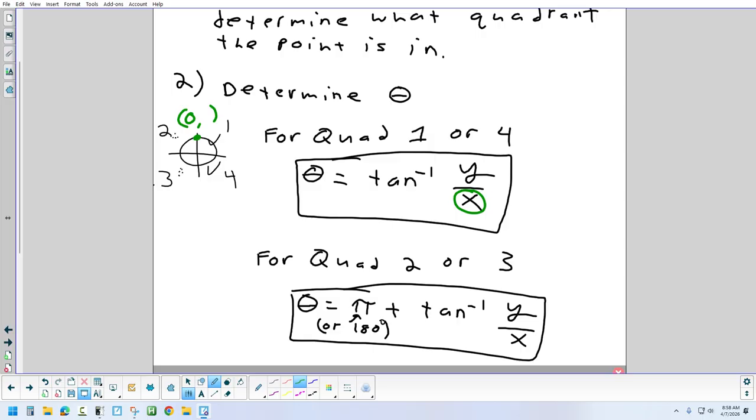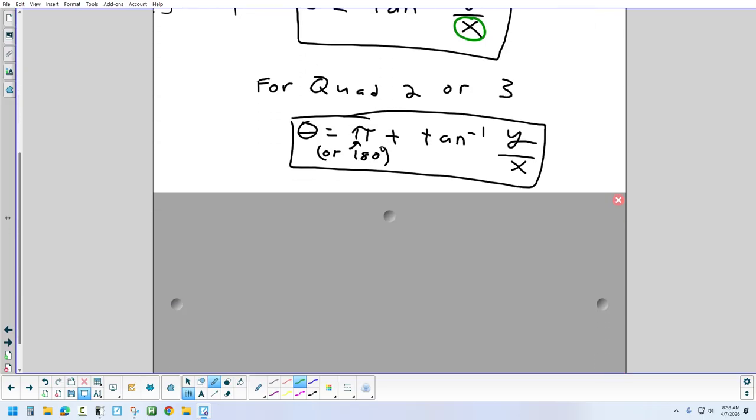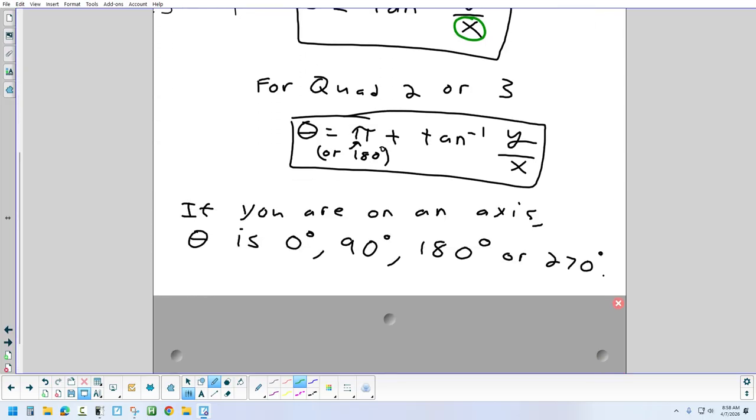So how do you do it if you're on an axis? Well, you just have to memorize the answer. When you're on an axis, it's one of 4 numbers: 0, 90, 180, or 270. Those are the same numbers we've used all year when we talk about rotation on a circle and we hit an axis.